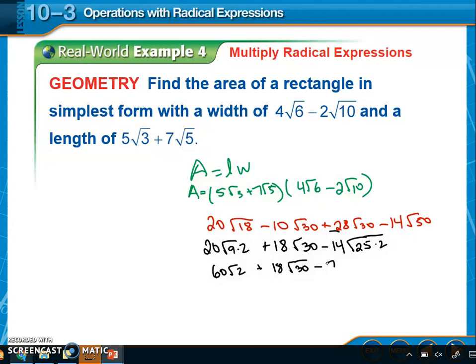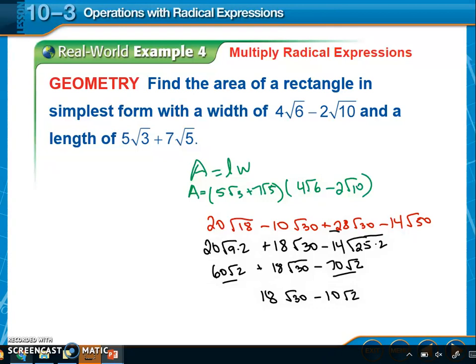So this is going to be minus 70 square root 2. And that's simplified. Oh, sorry, not quite. 60 and negative 70 are both square root 2's, so I combine them and I can say that this is 18 square root 30 minus 10 square root 2.